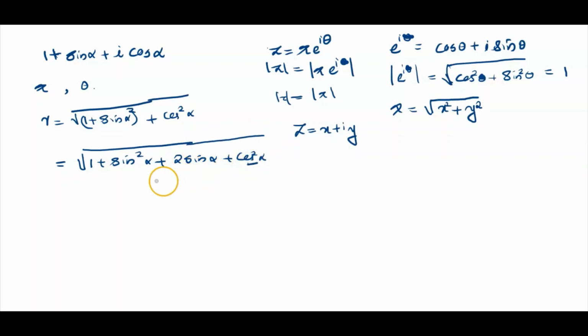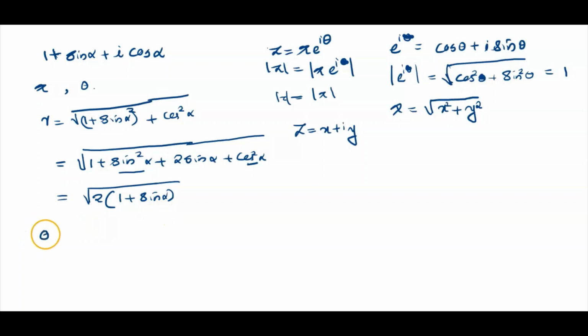We know that cos square alpha plus sin square alpha is 1, and this 1 plus 1 is 2. Now I'll take 2 outside. So we get 1 plus sin alpha. So this is root 2 root 1 plus sin alpha.